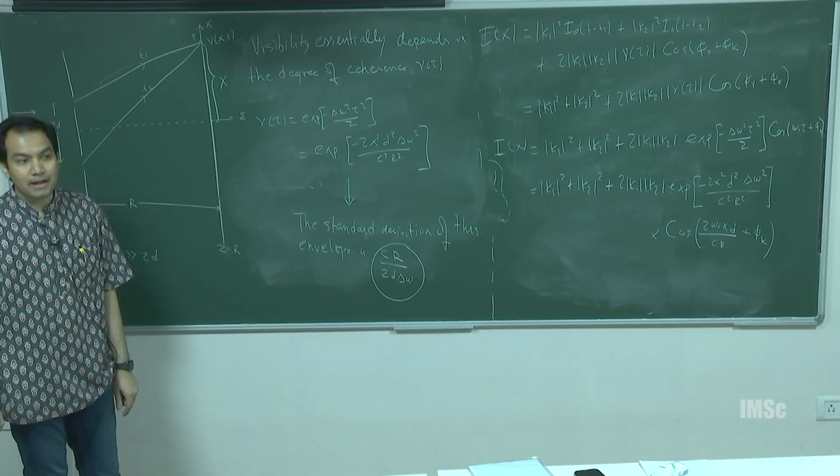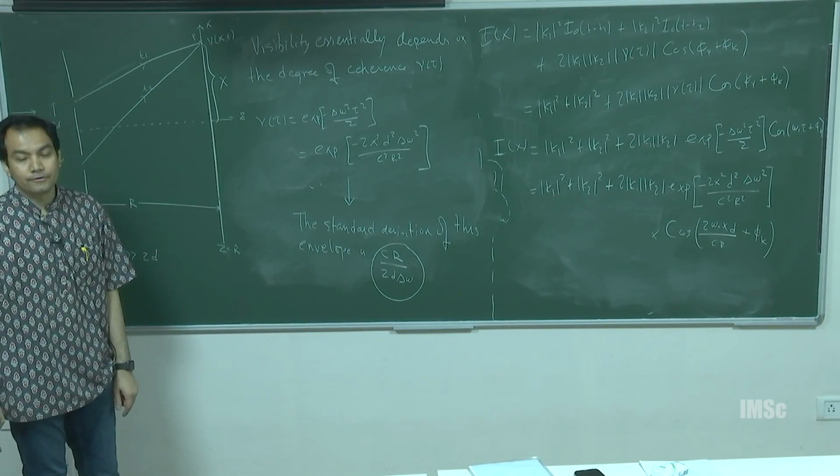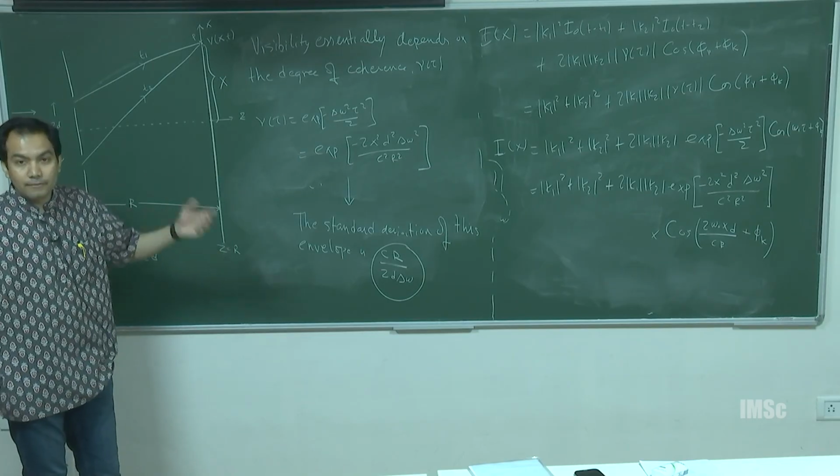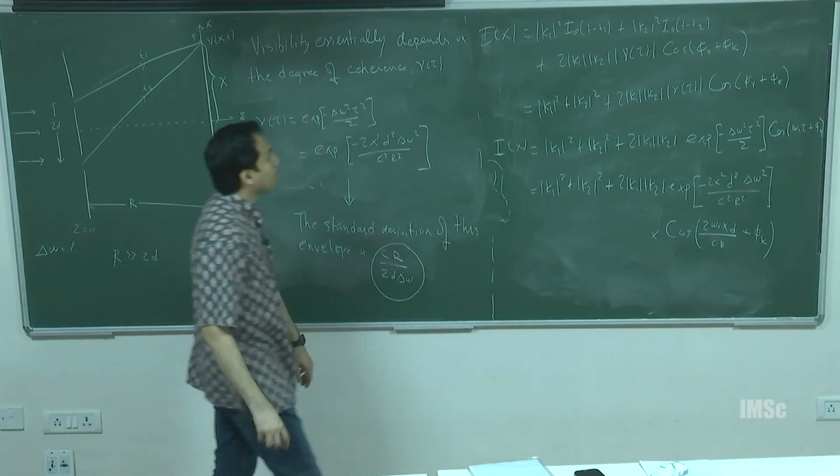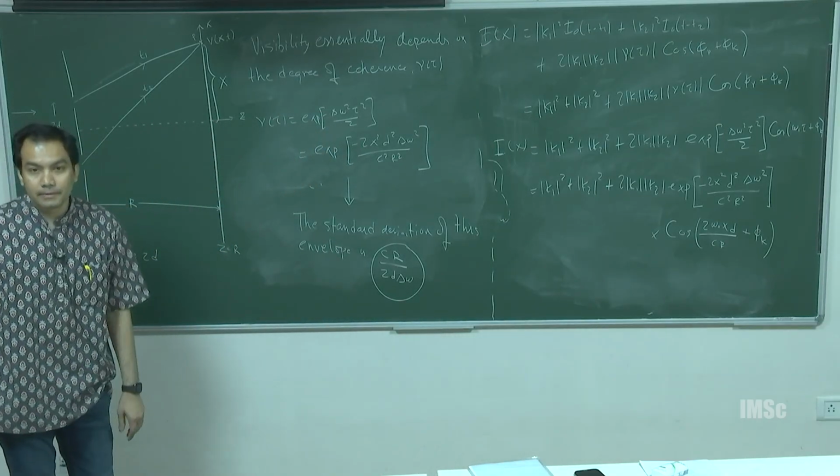We can find out the bandwidth of the spectrum. So that's how we determine the bandwidth of the spectrum, by performing the intensity measurement.